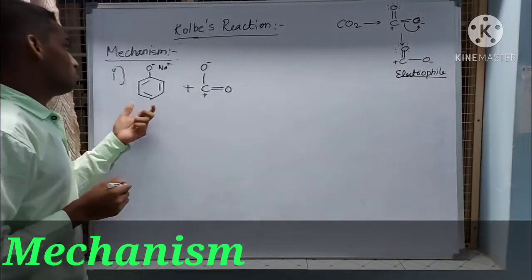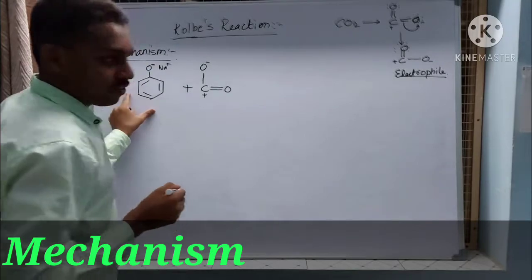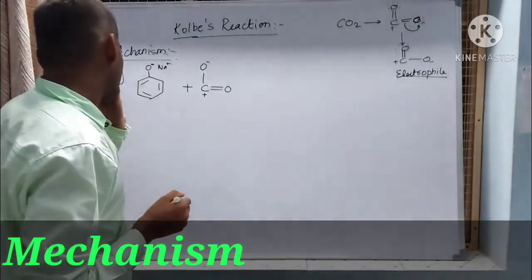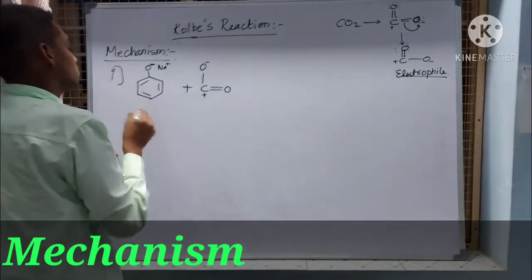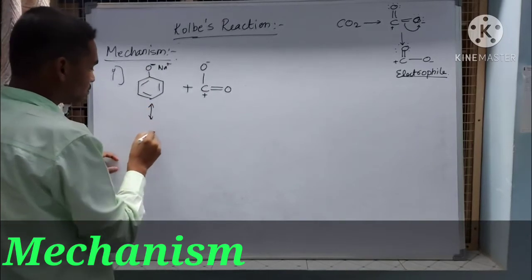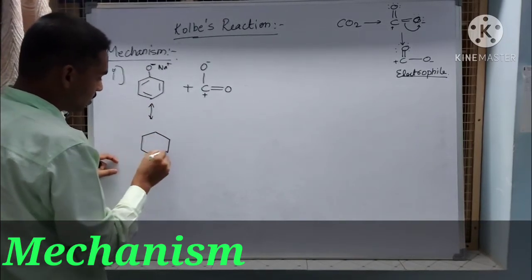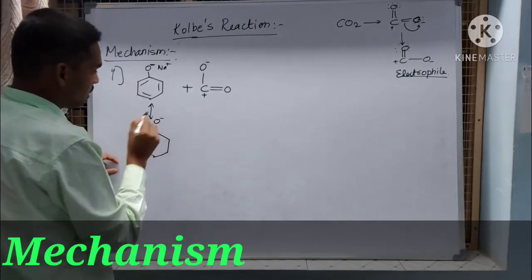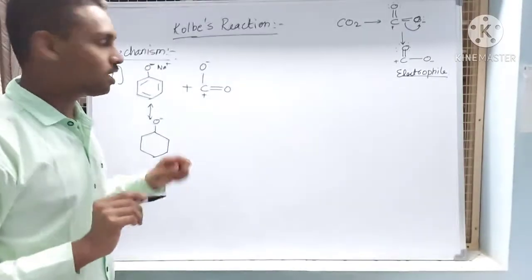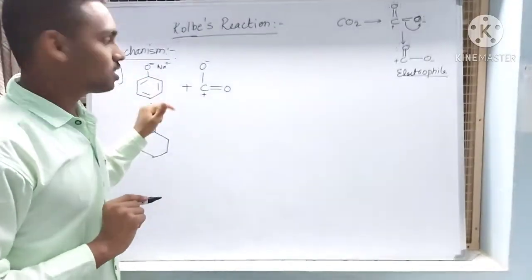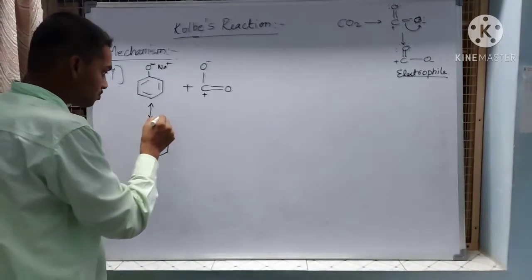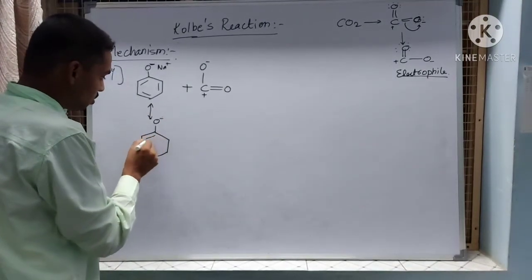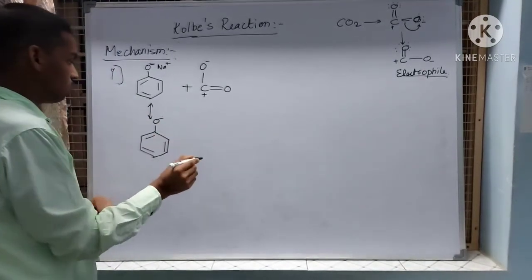Now observe here, if I write a resonance structure of this, for your better understanding, so let this be O minus. For timing, let me neglect this Na plus, so I will take O minus, right? So this is the bond we are having, positions of pi bond.